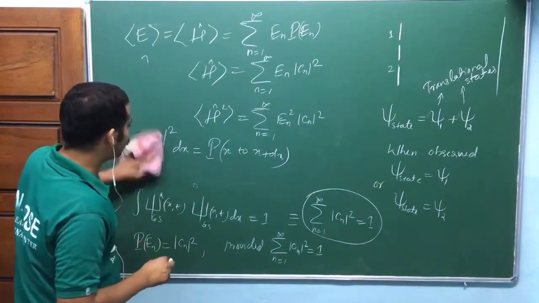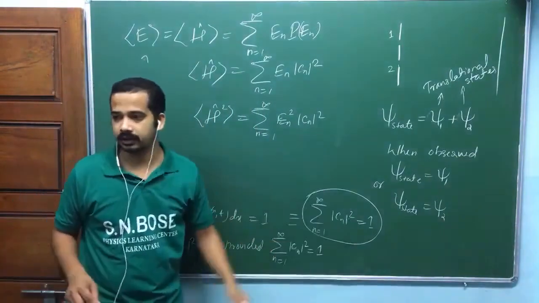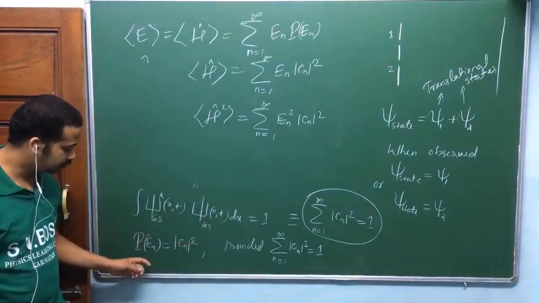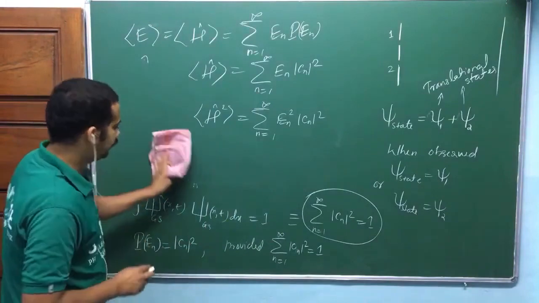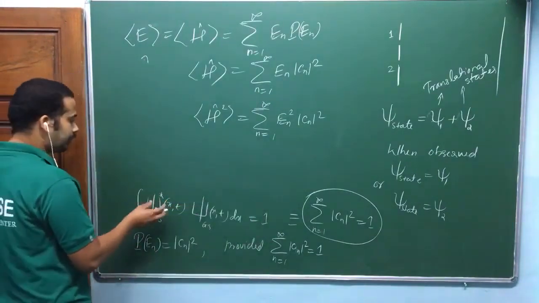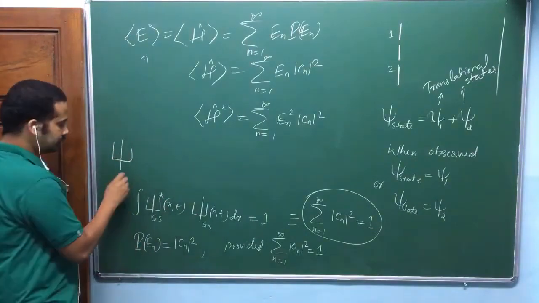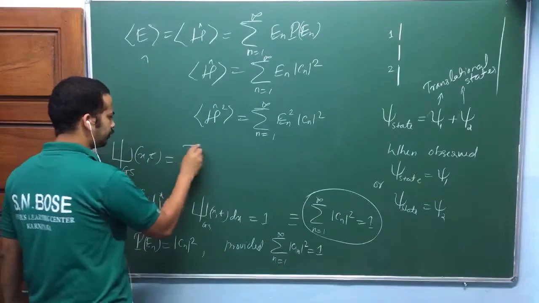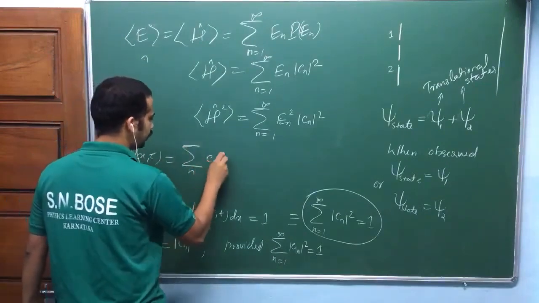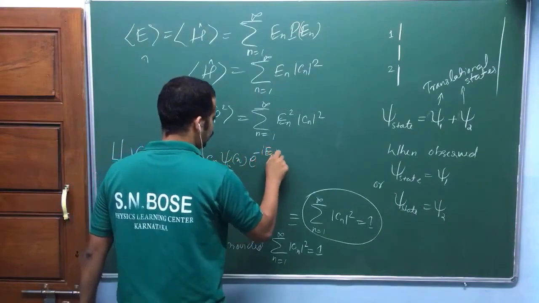Along with that, this is a superposition of different energy states, isn't it? What is the probability of getting an energy outcome? That is another probabilistic interpretation. So what I'm saying is, this wave is the state, am I right? This is the wave function, the generalized state, psi of x comma t, the superposition state: sum over n of Cn into psi n of x into e power minus i En t by h bar.